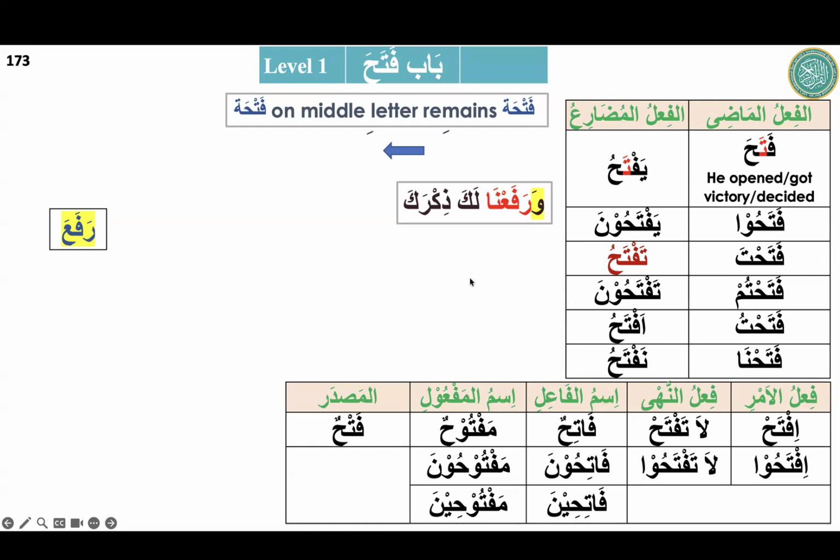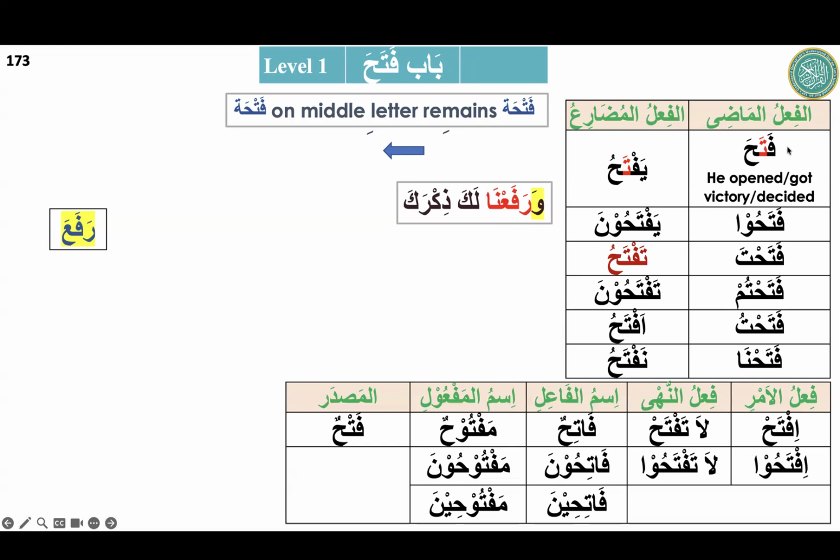This is Bab Fataha, level 1, chapter 1, and the pattern is Fatah Fatah. Rafa'a means he raised. So we have to find from this table: is it fi'l madi or fi'l mudari? Is it singular or plural? Is it first, second or third person? So we need to recognize.